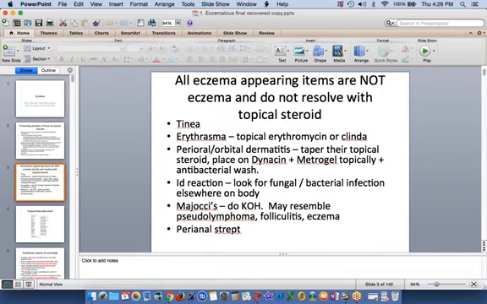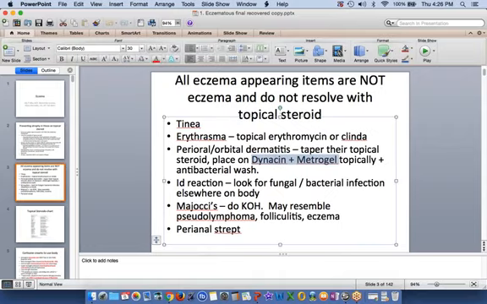However, as we see, because the treatment appeared to be Dynacin and Metrogel, it probably looks more like a form of folliculitis or what we usually call perioral dermatitis.